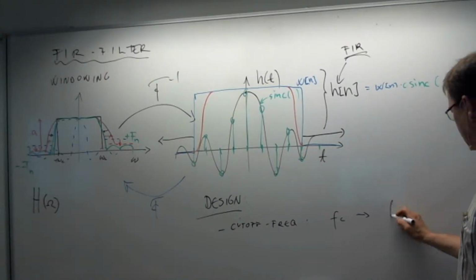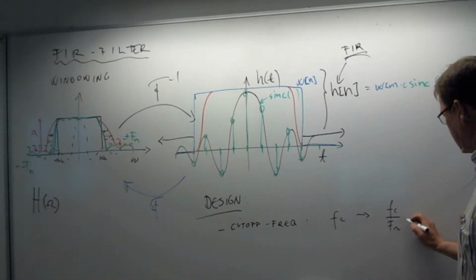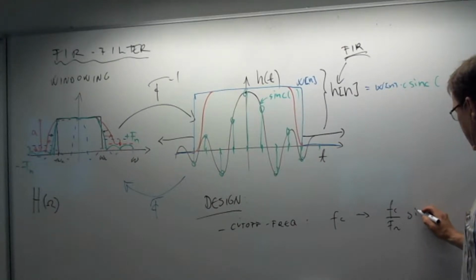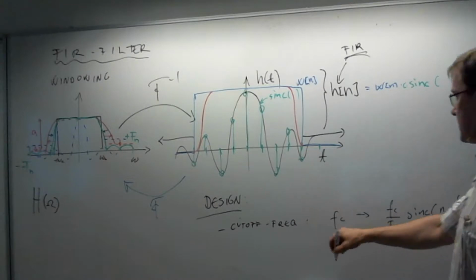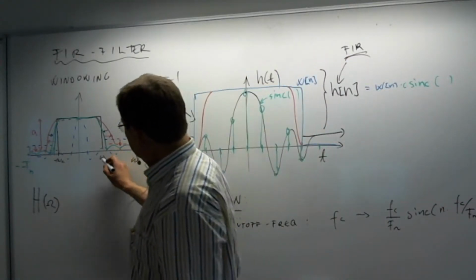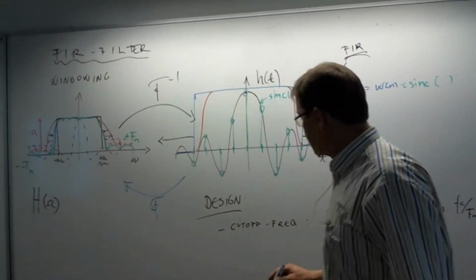I think it was Fc divided by Fn, sinc of n times Fc over Fn, where Fn is the Nyquist frequency, sampling rate divided by 2. So that's the first parameter. So where is the cutoff frequency?